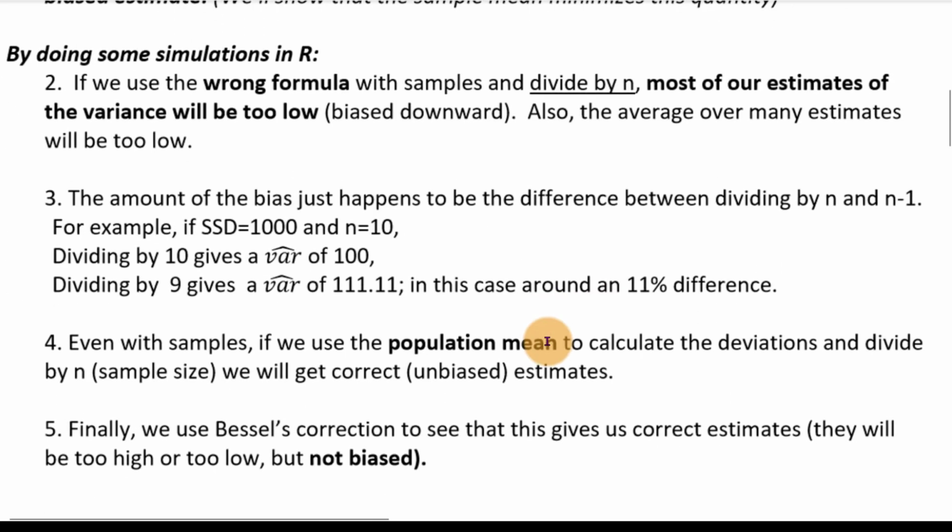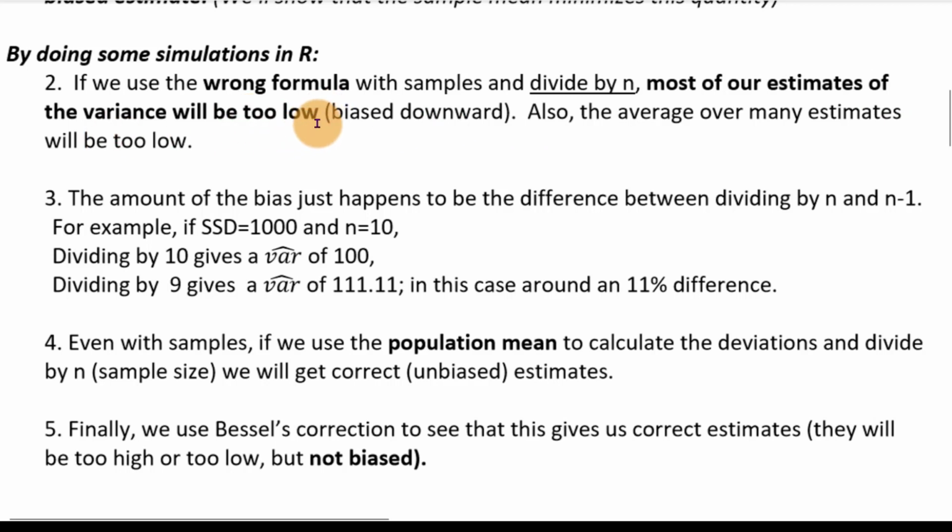Let me just give you a brief preview, then we'll jump into R. Here's what we're going to do. I'm going to show you that if you use the wrong formula with samples, the wrong formula dividing by n, we don't use that Bessel's correction, then what we're going to see is most of those estimates of the population variance are going to be too low. They're going to be biased.